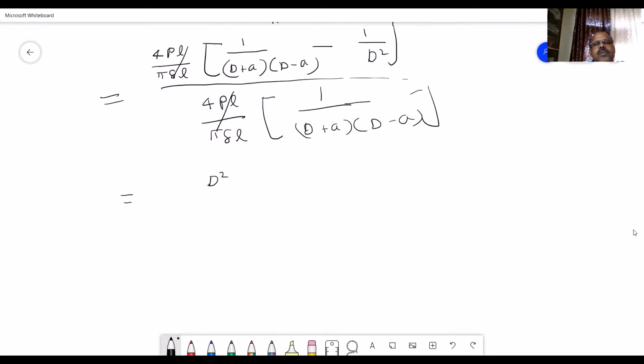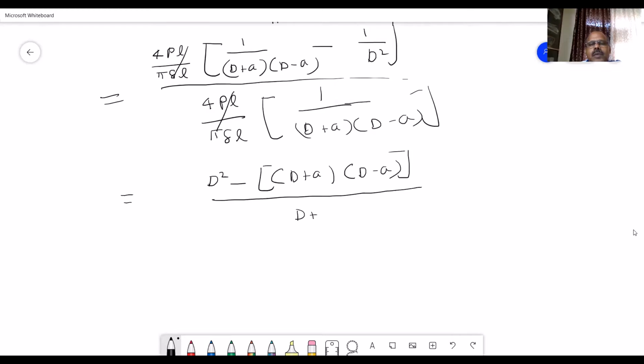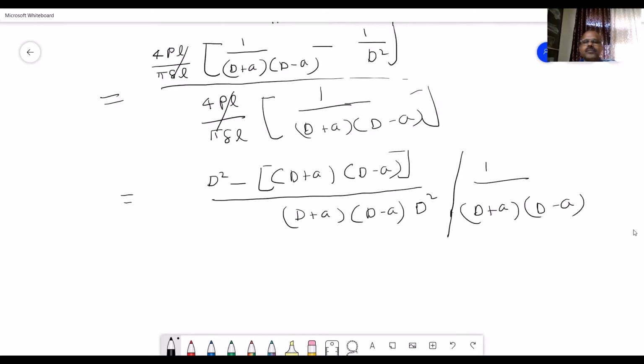This will be D square minus D plus A into D minus A, divided by D square into D plus A into D minus A, and this is divided by 1 upon D plus A into D minus A. So D plus A and D minus A will get cancelled here.